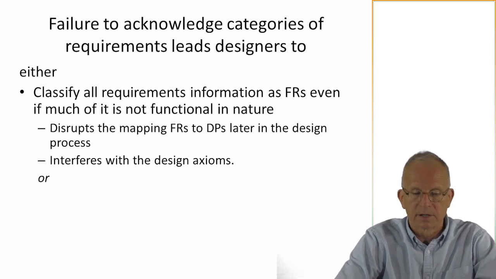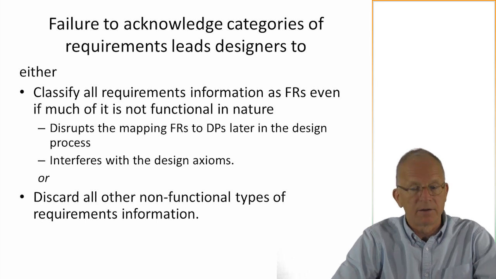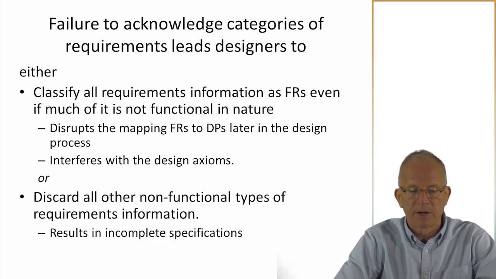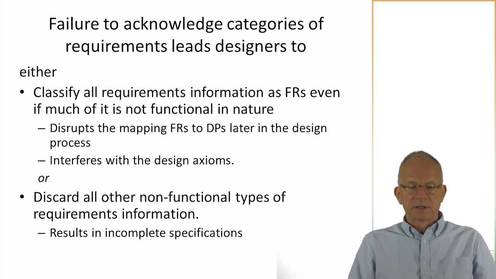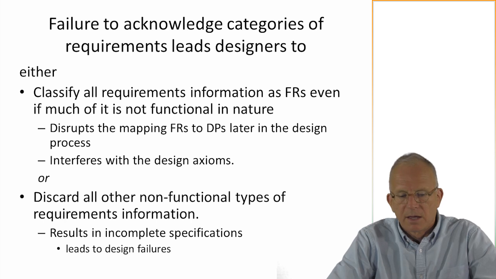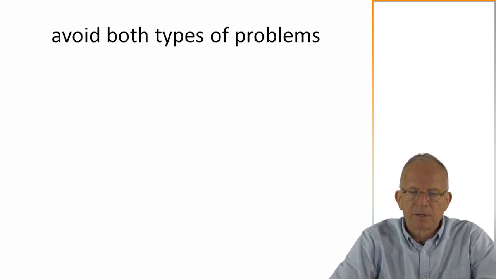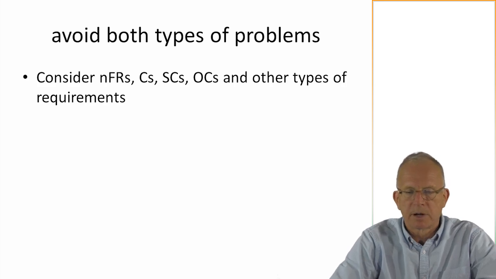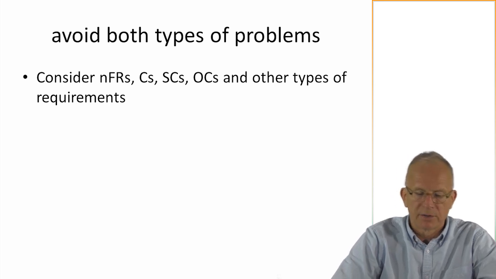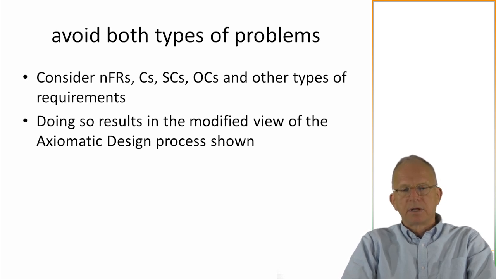Or the other thing that it can do is cause us to discard all the non-functional types of requirements information, and this results in incomplete specifications and design failures. So we want to avoid both of these types of problems. So consider the non-functional requirements, Cs, SCs, and OCs, and other types of requirements. So it's important we do that and consider those.